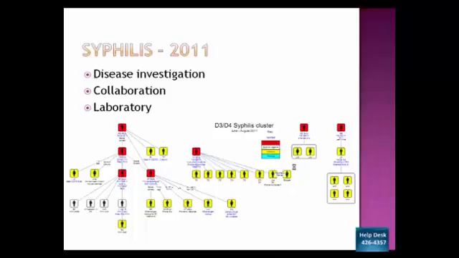This is an investigation that we're currently working on, where the red cases are people who have confirmed syphilis, and the yellow people were identified by the red people as people they've had sex with in the last 90 days. We don't know their status, so all these yellow people could have syphilis, but we don't know.